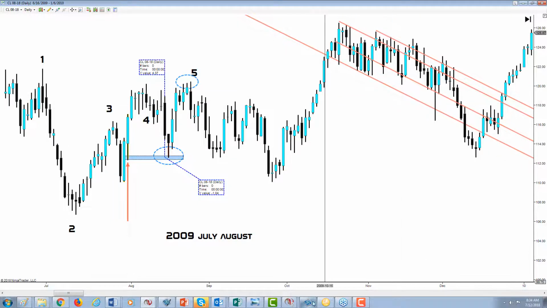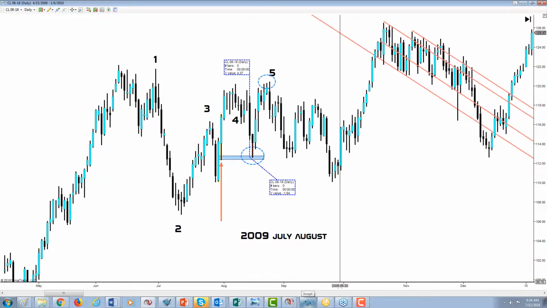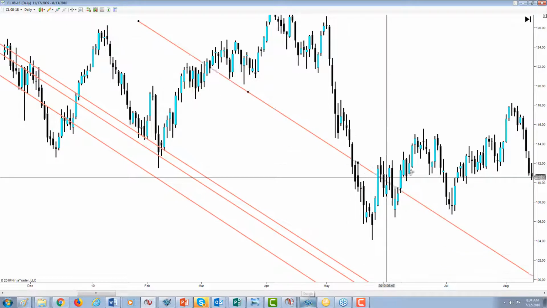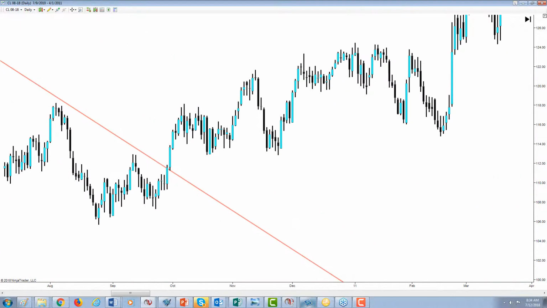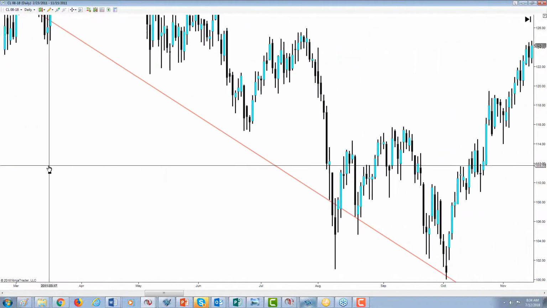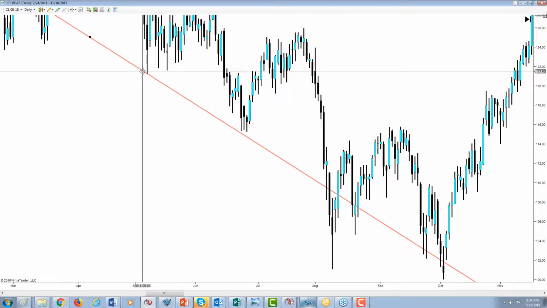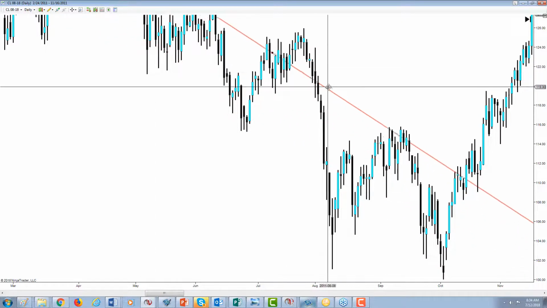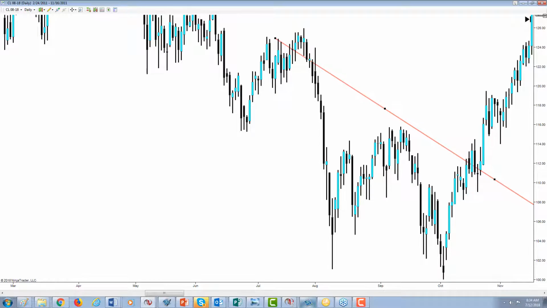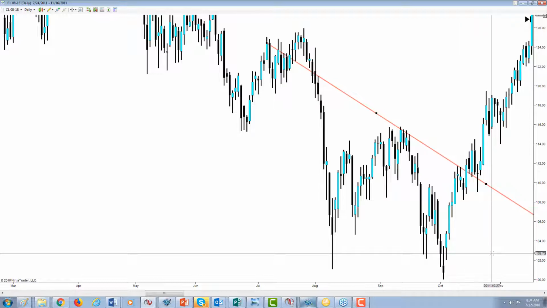Now, one of the ways that I can really prove this is I can drag that angle all the way over into the present. So Gary, here we are years later, and I'm starting to see that same angle is producing the same kinds of effects, right?